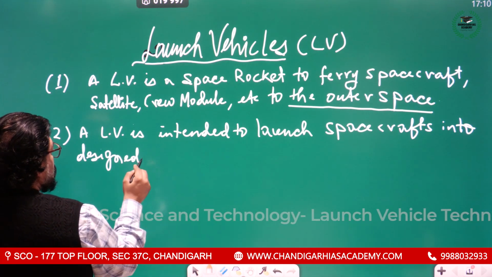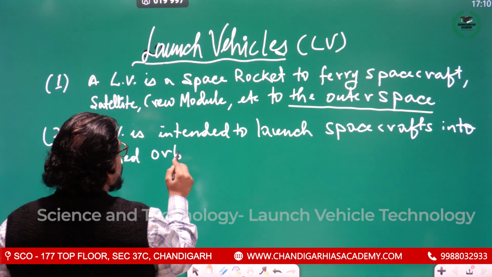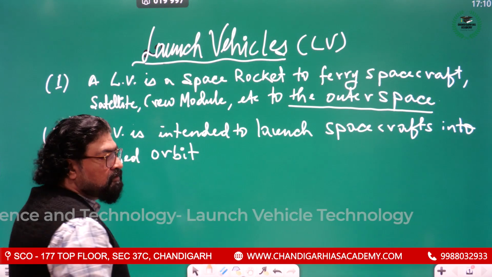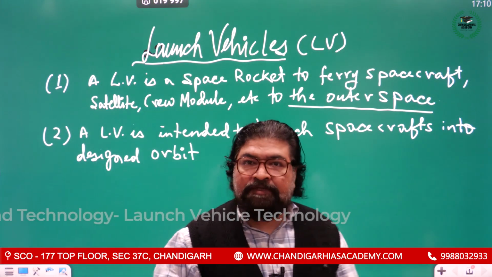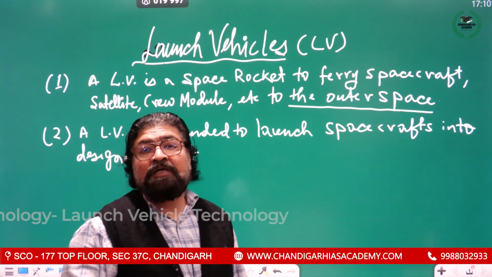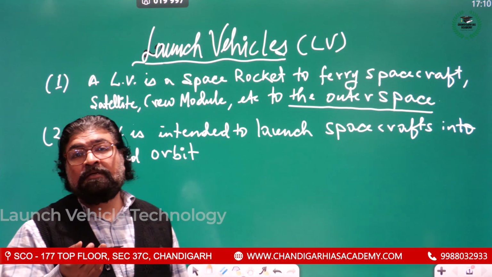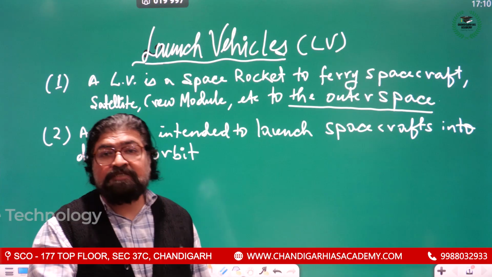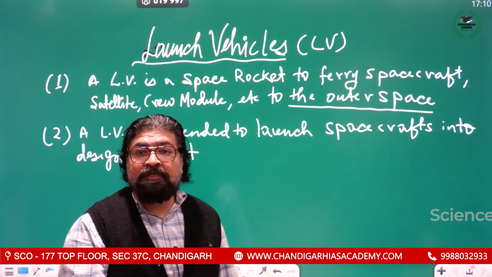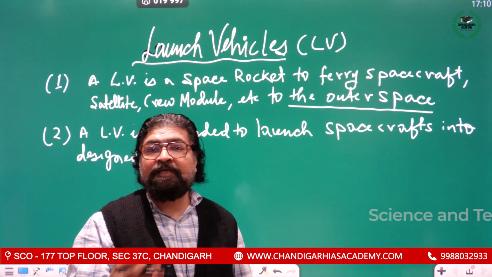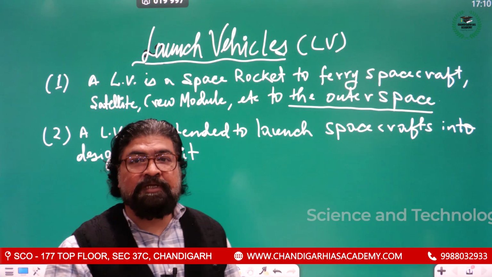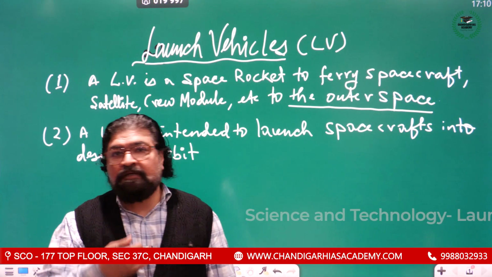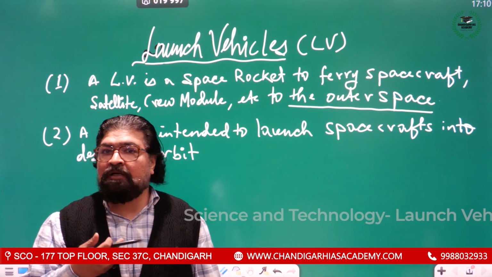Now this orbit can be around the Earth, or around the moon of the Earth, like the Chandrayaan mission, or around other heavenly bodies, like other planets, for example Mangalyaan to Mars, or Jupiter, Saturn, or an asteroid, a comet, even around the sun, like a solar observatory.